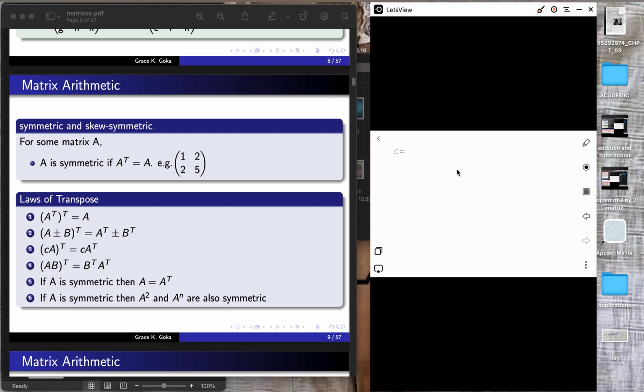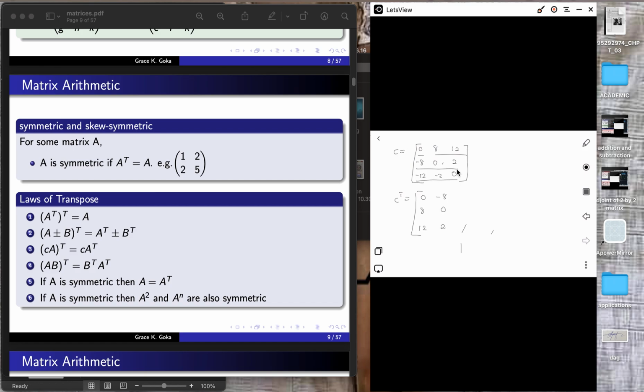Say matrix C, which is equal to 0, 8, 12, minus 8, 0, 2, minus 12, minus 2, and 0 here. All right, so if we find C transpose, this is going to be, we pick the first row becomes the first column, 0, 8, 12. Pick the second row becomes the second column, minus 8, 0, 2.